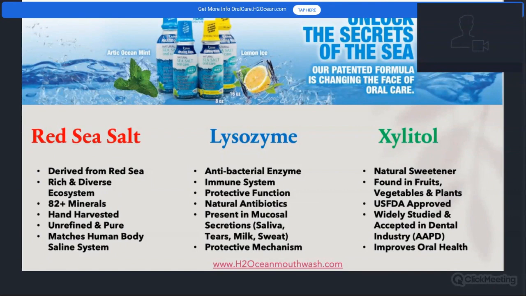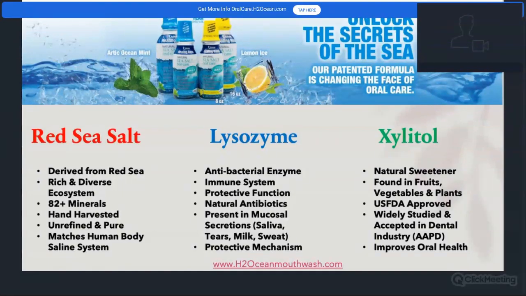Another ingredient, lysozyme, an antibacterial enzyme that enhances the immune system's protective function, also found in our saliva, tears, milk, and sweat. Xylitol, a natural sweetener, approved by the FDA and widely accepted by the dental industry for its oral health benefits.